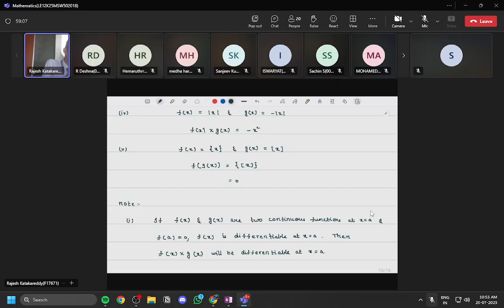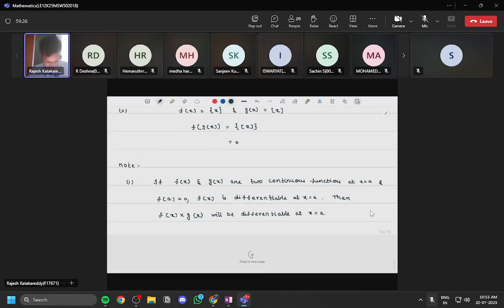Mod x is continuous at 0, and the product we got is differentiable, right? So now I can give you two examples where we are breaking this continuity, and even then you may get differentiable, or you may get non-differentiable. Clear?